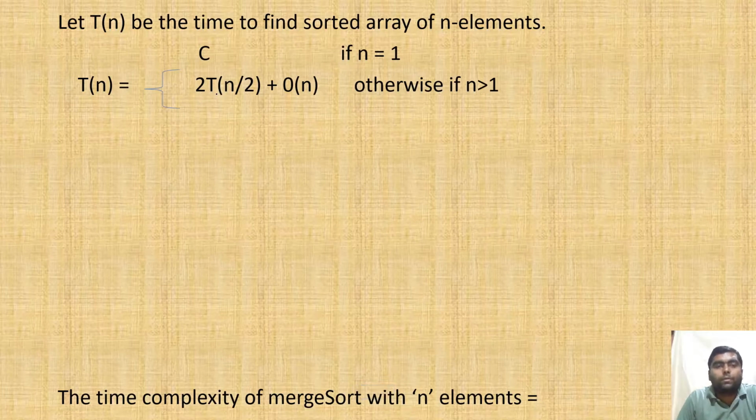2 is the number of subproblems, meaning two times merge sort is called, for half and half.